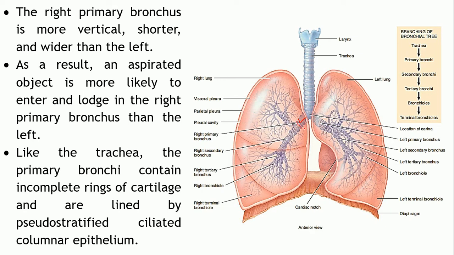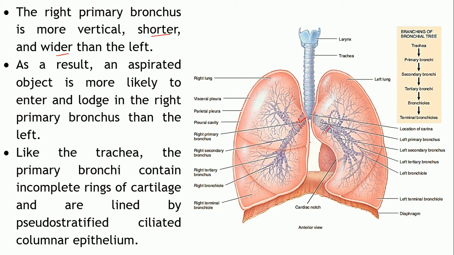This portion is your right primary bronchus, whereas up to here is the left primary bronchus. The right one is also shorter and even wider compared to the left one. The diameter of the right primary bronchus is greater.